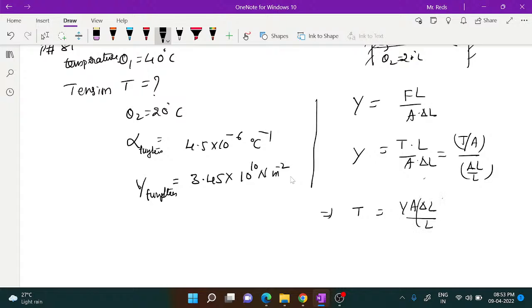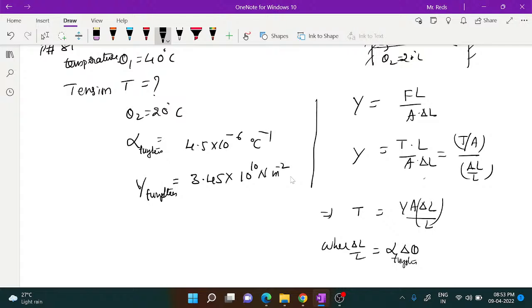Here delta L by L is the linear strain. The change in length due to temperature difference is alpha into delta theta, where alpha is the temperature coefficient of the material, here tungsten, and delta theta is the change in temperature.